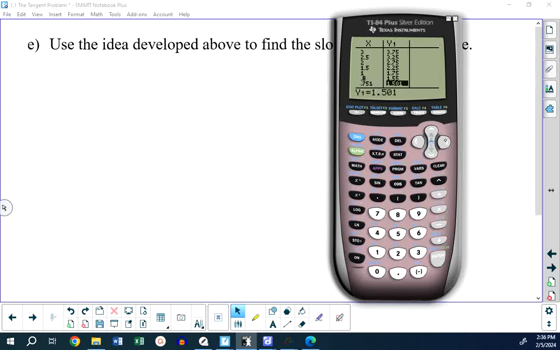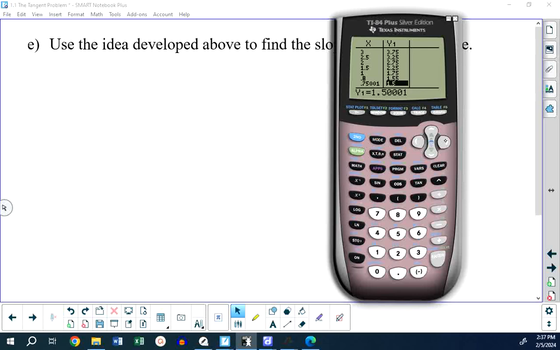And by the way, if you want to see more decimals on the output, scroll over and highlight it. I can put in 0.75001. Now when I do that, it's probably going to say 1.5, but it's not 1.5. It's getting really close to 1.5.